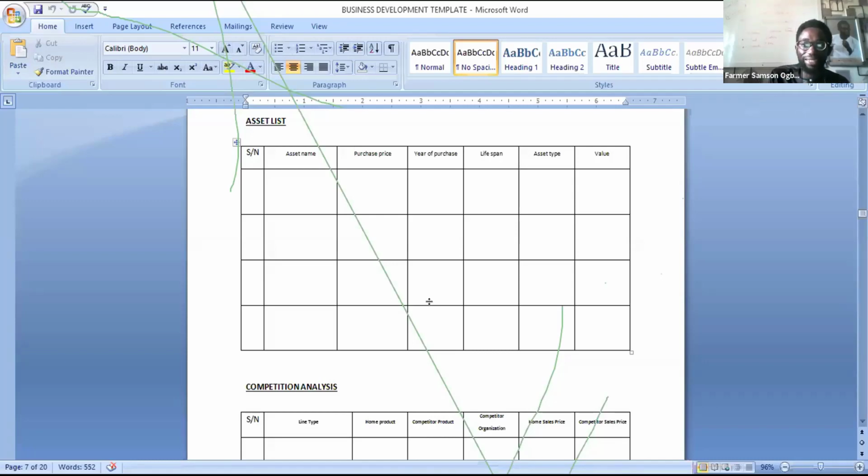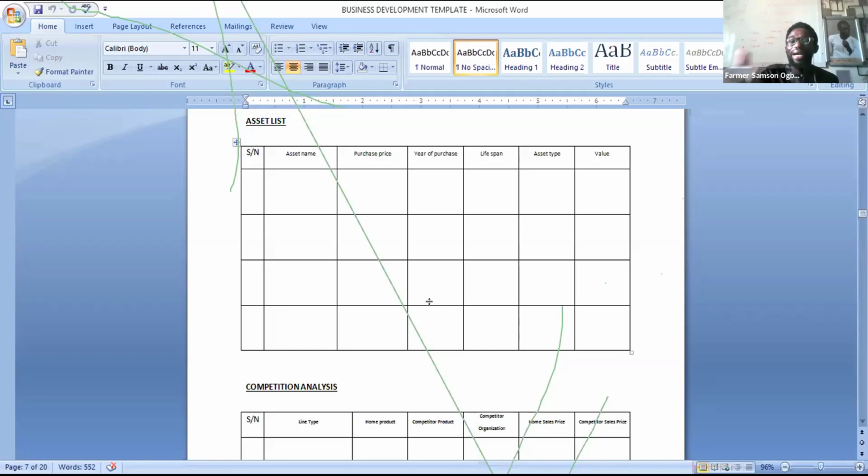So the asset name, how much did you buy the assets? If it's a building, how much was the worth when you built it? What was the year of purchase? What is the lifespan? The reason why this is important is we want to figure out whether this asset that you have is germane, fundamental to the productivity or the functionality of what you do.